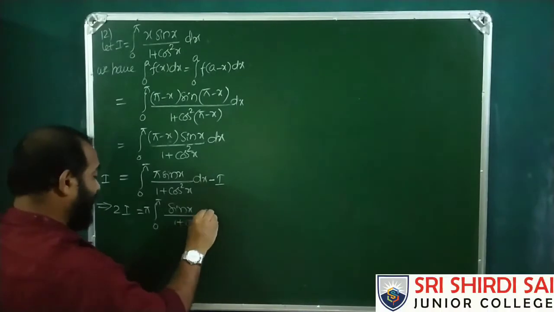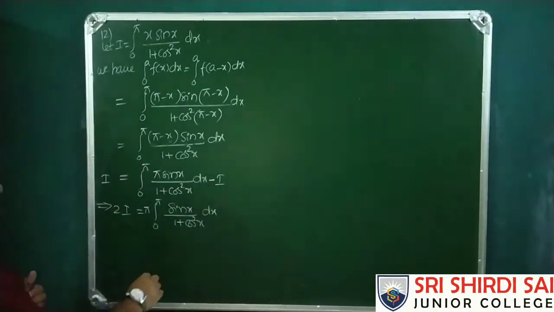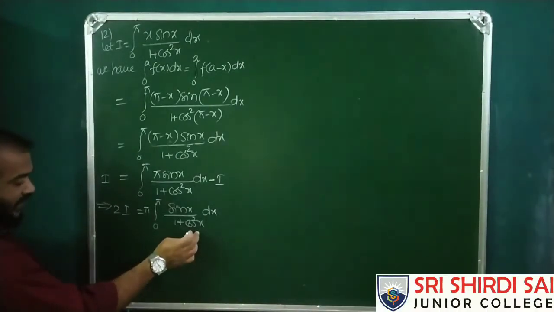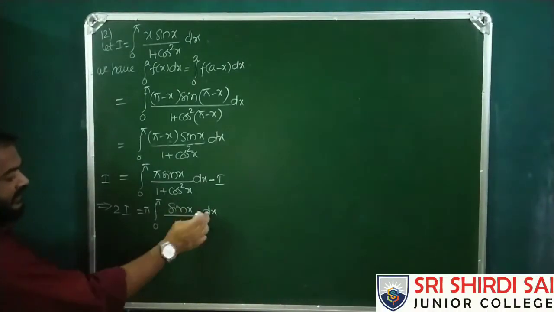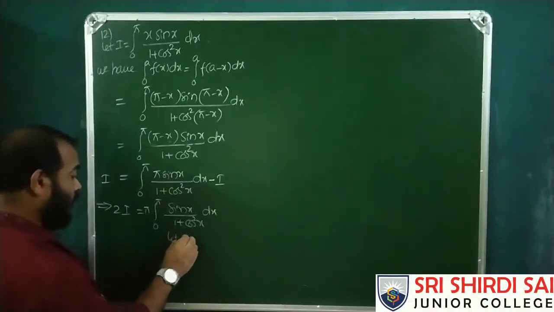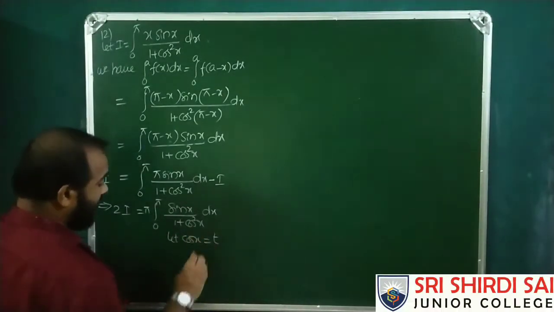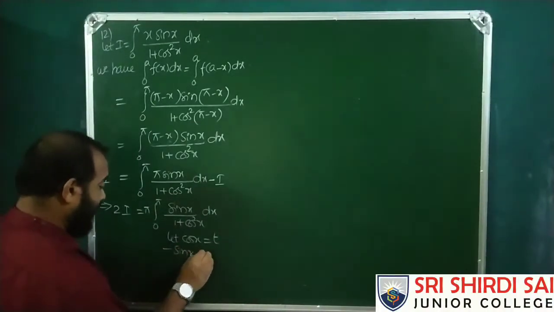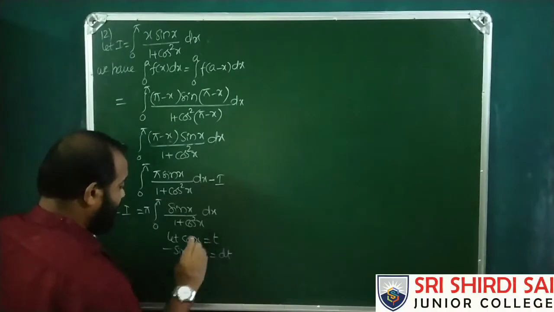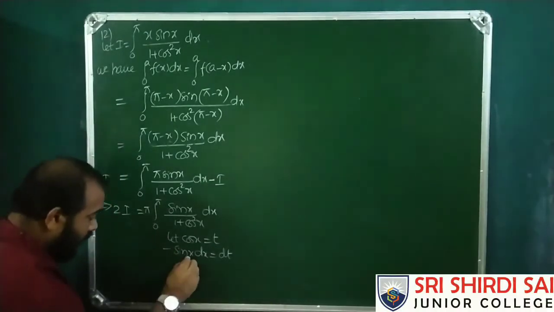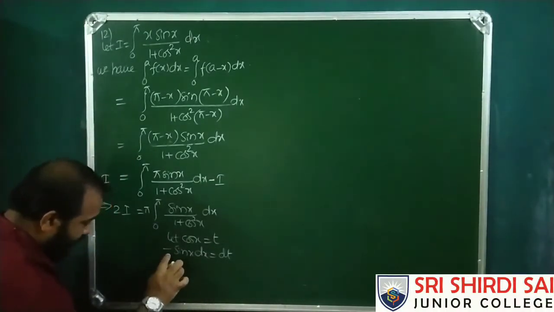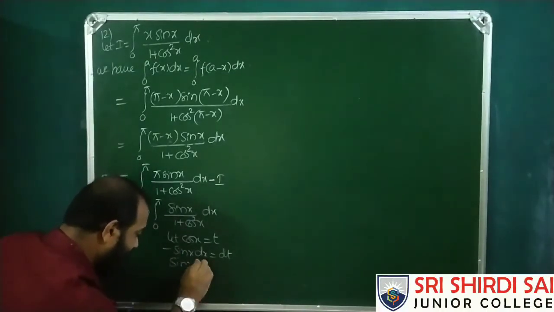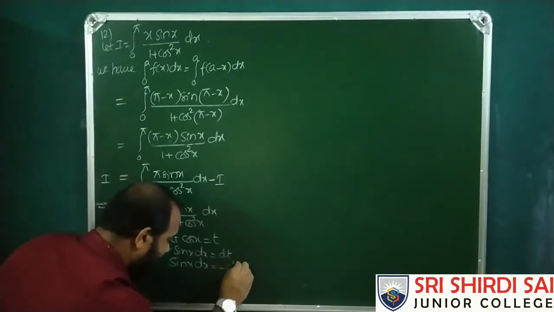So let us choose some substitution here. If I take cos x as t, then minus sin x dx is dt. Therefore let cos x is equals to t. Multiplying throughout with a minus, sin x dx is equals to minus dt.